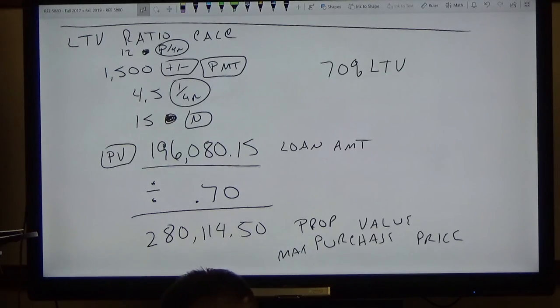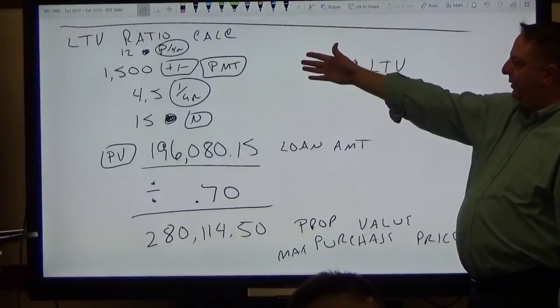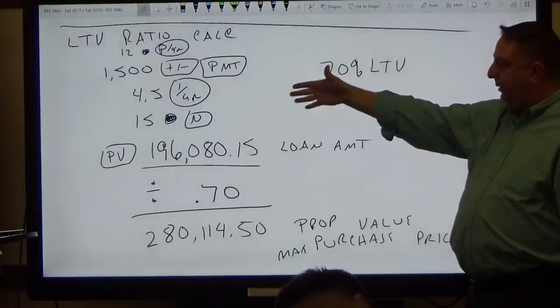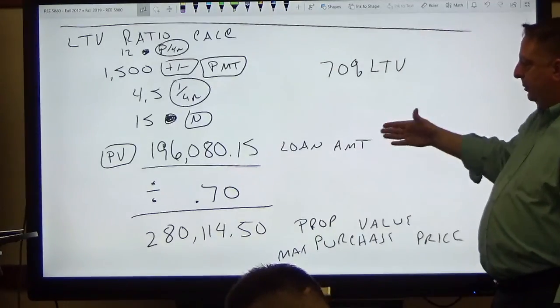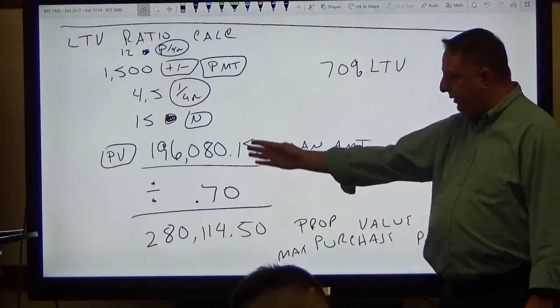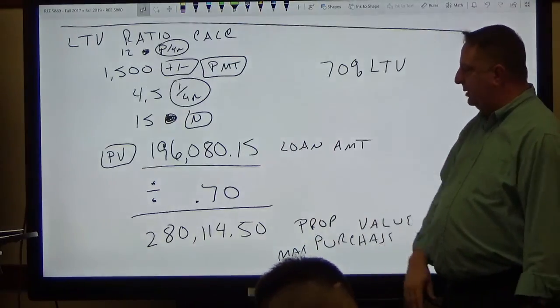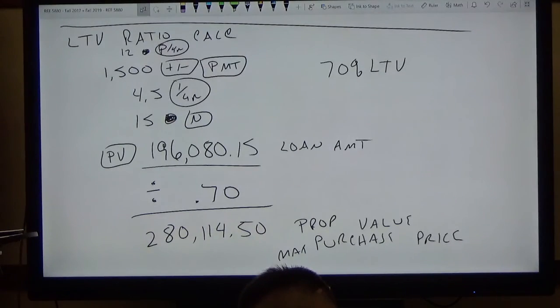In this one, we're saying maybe we can afford a monthly payment of $1,500 at the interest rate the lender offers, 4.5% for 15 years. So the most they're going to lend us is the $196,000. And if they're only willing to go with a 70% loan-to-value ratio, then the max we can pay for the property is the $280,114.50. We're done. We did something similar before.